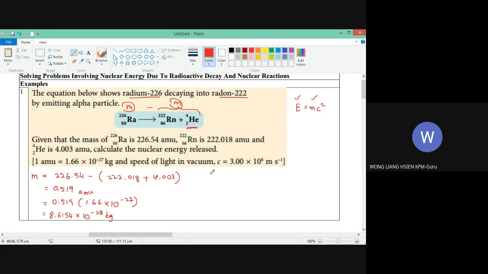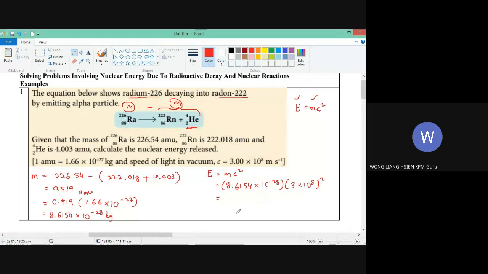So we put this into E equals mc squared. The mass effect is 8.6154 times 10 power negative 28 times the square of the speed of light, 3 times 10 power 8, squared.